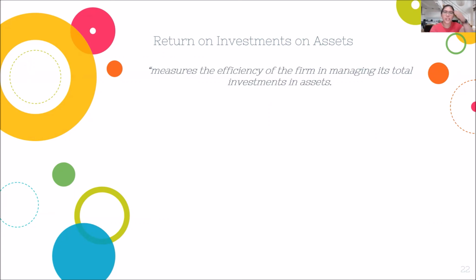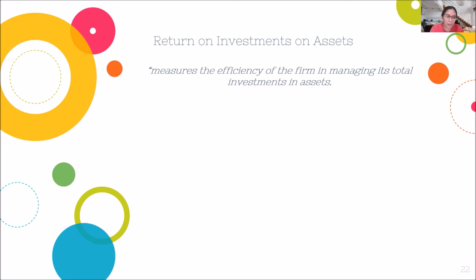It measures the efficiency of the firms in managing its total investments in the assets. Actually, kanina class, we already have the positive asset utilization ratio. So, ibig sabihin, we are efficient in managing assets for us to have revenue or maximize profit.